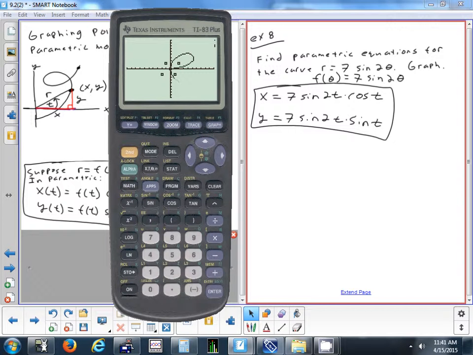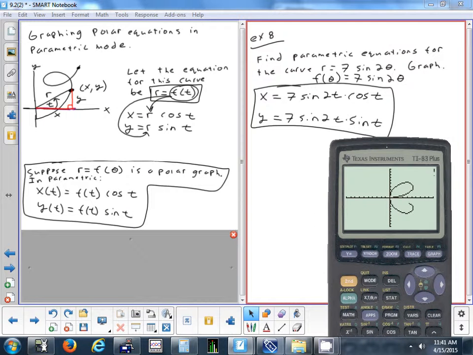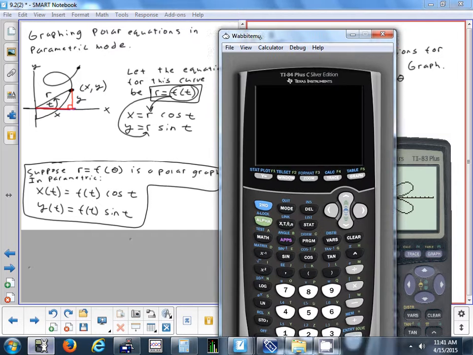I have a scatter plot turned on. I'll shut that off. But that's the basic shape minus those little dots you should get. Right. Now let's type in the same thing in polar. 7 sine 2 theta.